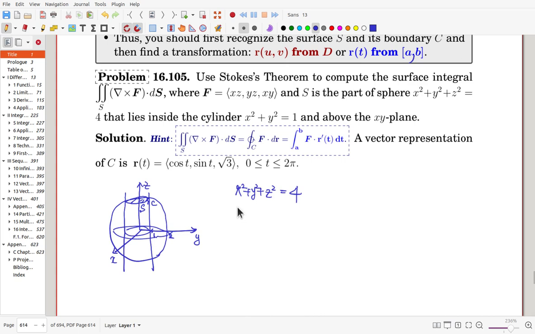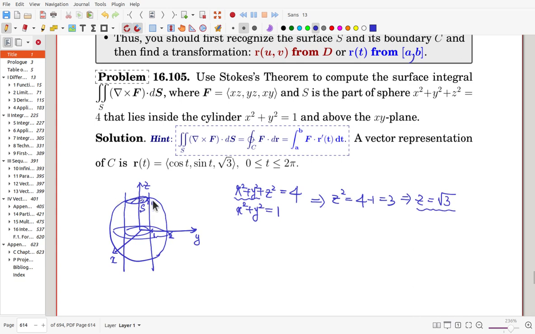Another equation is x squared plus y squared equals 1. This is a sphere, this is a cylinder. From there, this portion is 1, which means that z squared equals 4 minus 1, so we have 3. That means z equals plus or minus square root of 3, but we are considering only the upper portion. So that is square root of 3.